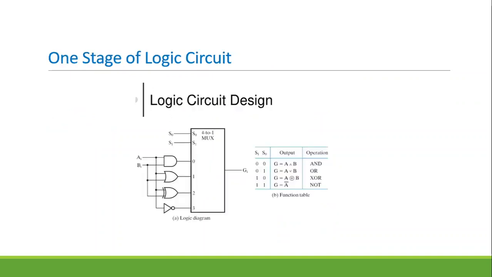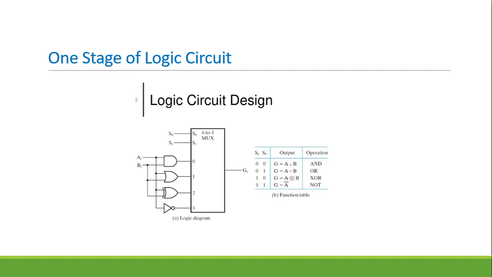So, if we show this logic circuit design, here the stage of a circuit that generates the 4 basic logic micro operations is shown. It consists of 4 gates and a multiplexer. Each of the 4 logic operations is generated through a gate that performs the required logic.